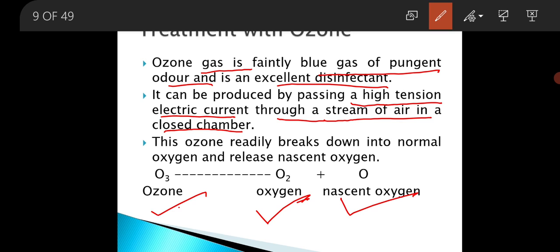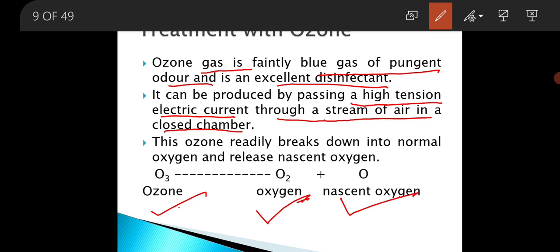During the treatment, the ozone gas is manufactured and bubbled through water contained in a sterilizing chamber, and that chamber has an inlet and outlet for water as well as an inlet for ozone. And after the treatment process, the ozonized water comes out through the outlet.